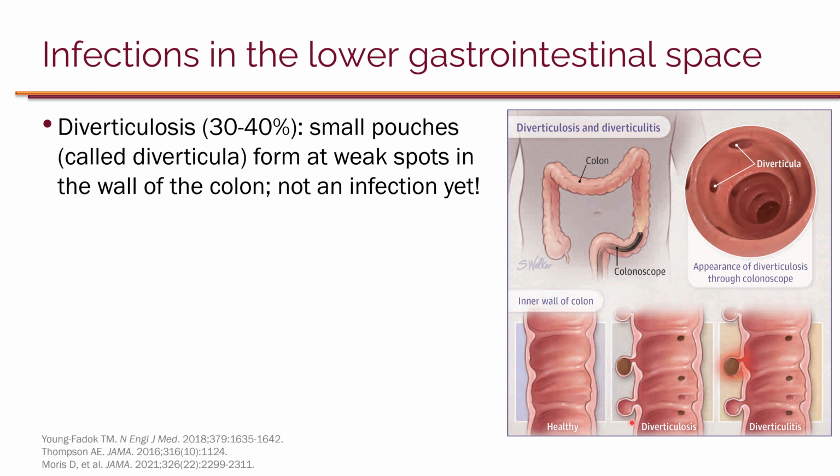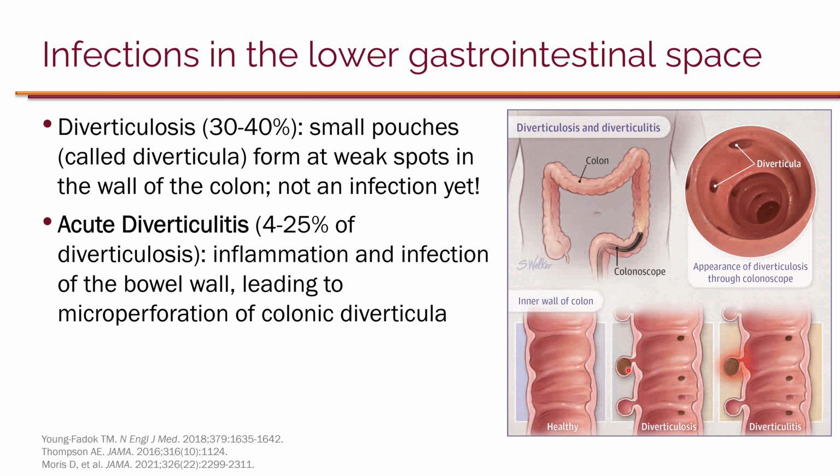These are called diverticula, and they form at weak spots in the walls of the colon, but they're not necessarily infected. The problem with diverticula is that fecal matter can get stuck in them, and as you can imagine, there is no mechanism to squeeze this material out of these pouches, so it can get stuck in there, but it doesn't necessarily cause an issue.